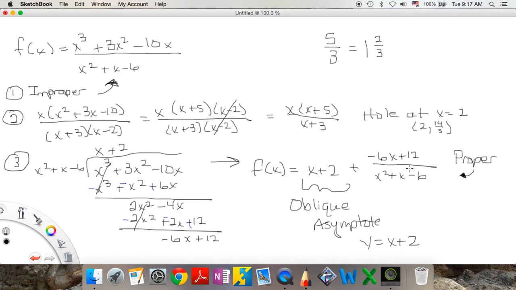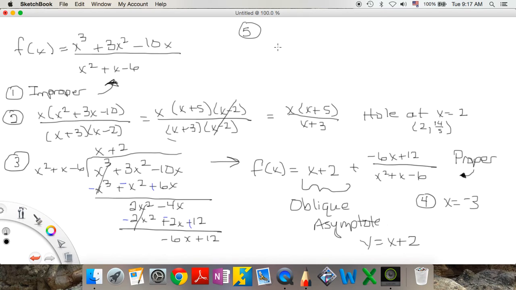Now, we also need to look at vertical asymptotes. So a vertical asymptote we're going to have is x equals negative 3, because that's what's going to make this bottom part equal to 0. So let's see here. Running out of space again, as usual. So we'll go up here.